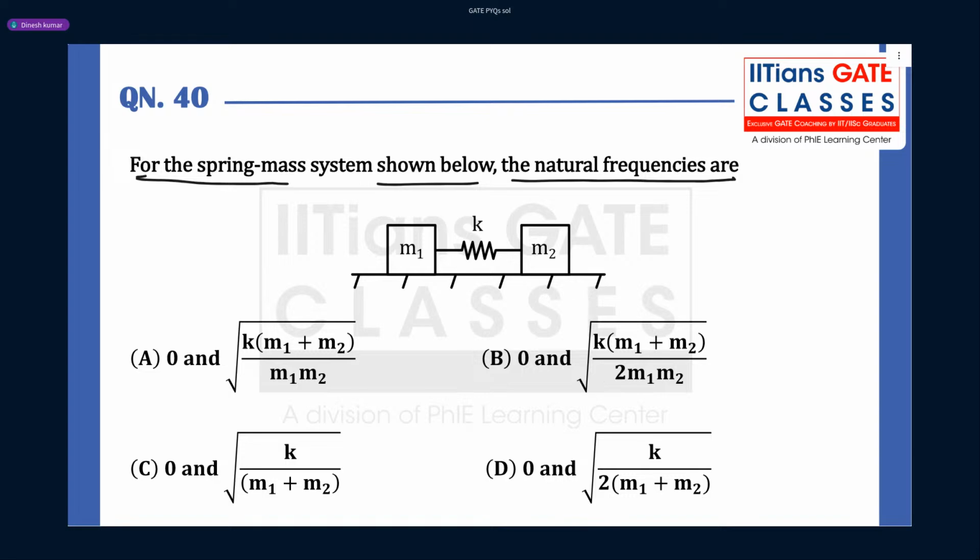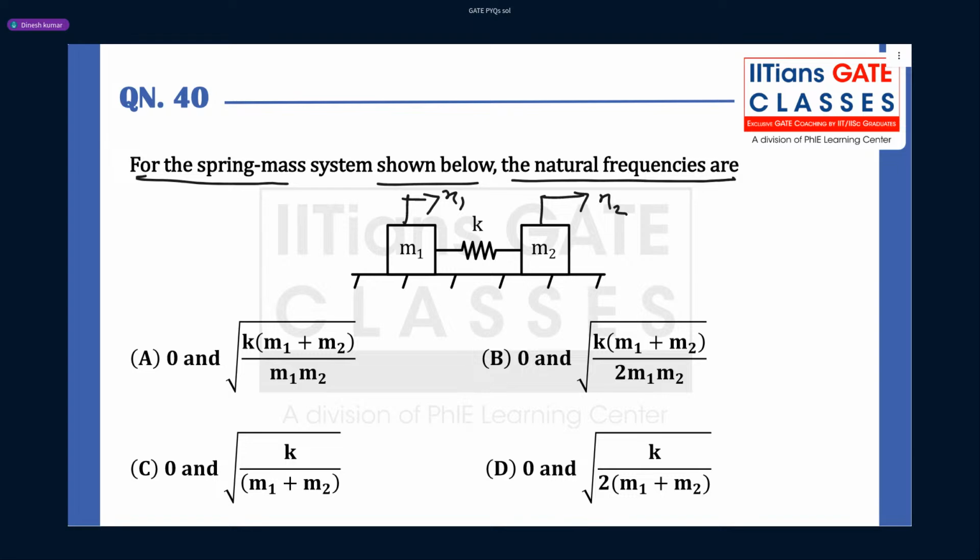Now guys, tell me, this system is what? 2 degrees of freedom, right? You also tell how we have 2 degrees of freedom. Because there are two masses and both masses will require independent displacement to define the motion.